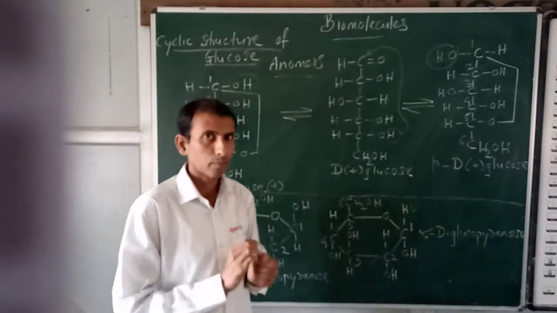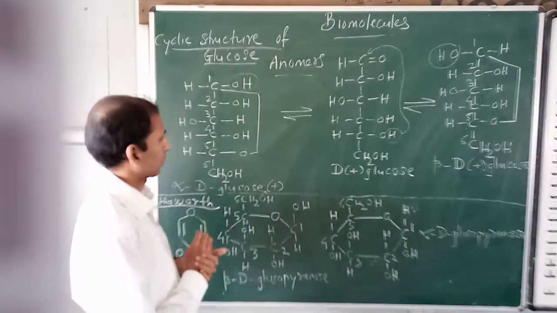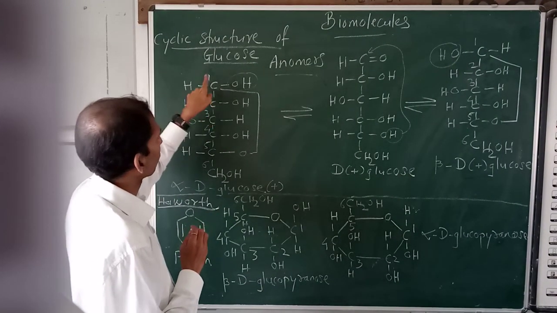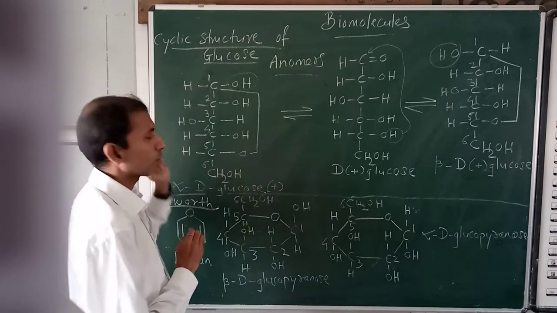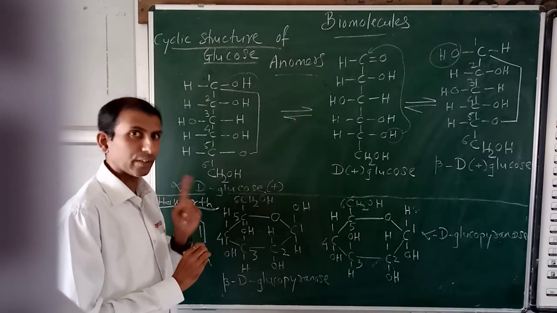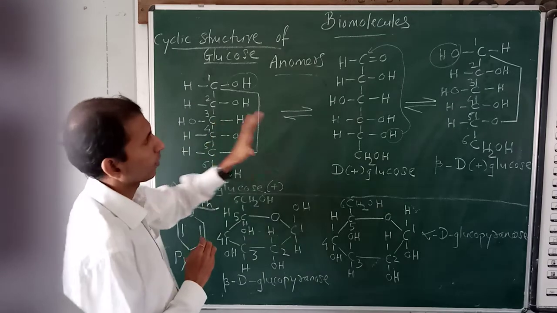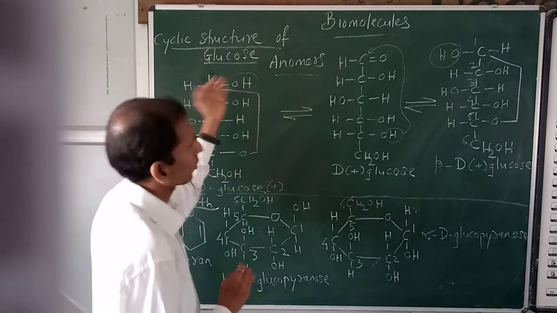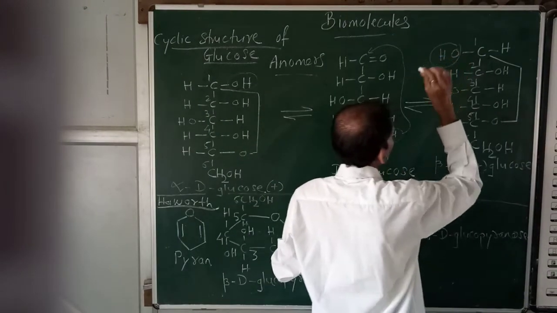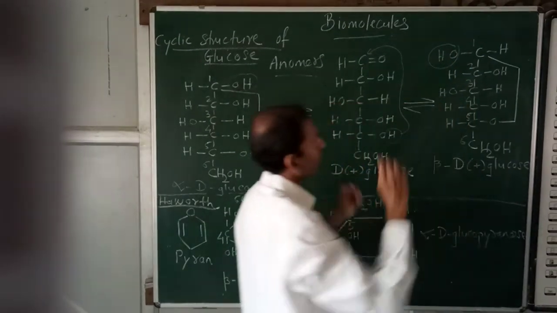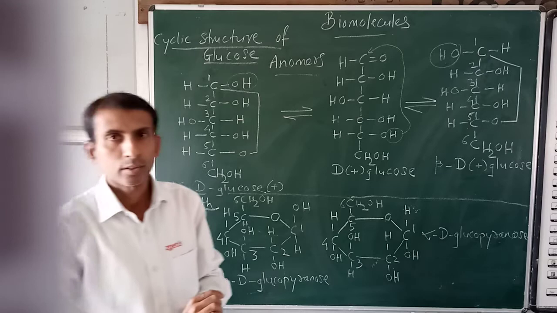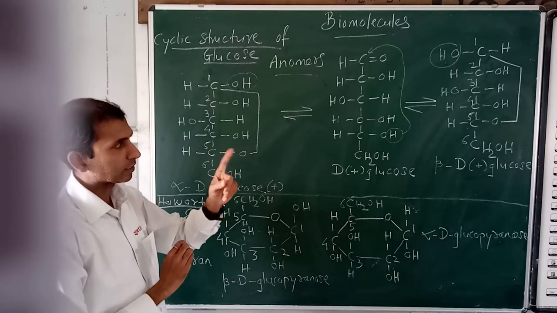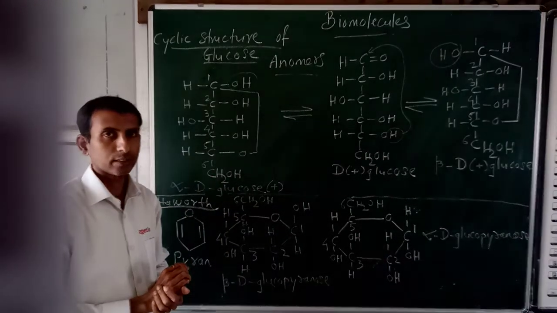So what is a proper explanation for anomers? Configuration of OH group on the first carbon atom in glucose molecule will differ, but the molecular formula is same. They are called as anomers. As you can see here, OH group on the right hand side, here OH group on the left hand side, but the molecular formula for both the structures of glucose, alpha D and beta D glucose, is same, C6H12O6.